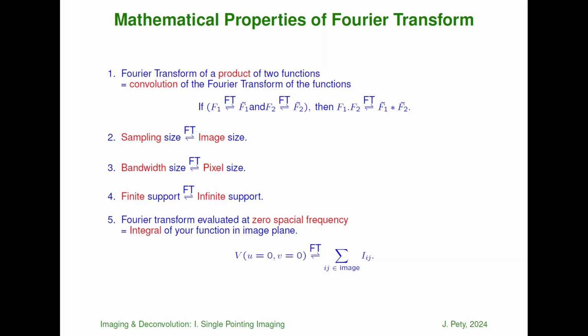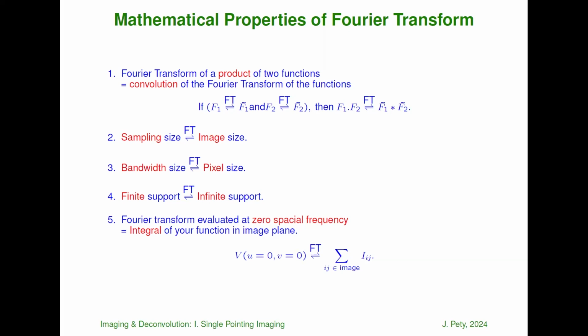A related property is that if you have a function that has a finite support in the UV plane, then it will have an infinite support in the image plane, and the reverse is true also.